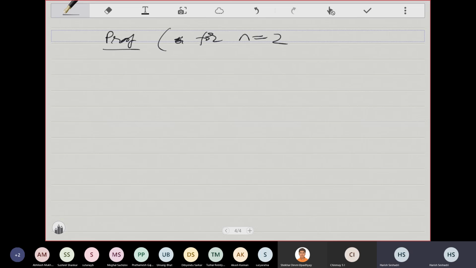For n equals 2, here's a more precise, more general statement. The proof is the same.